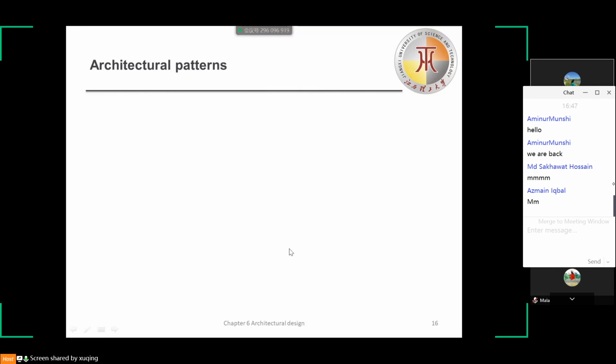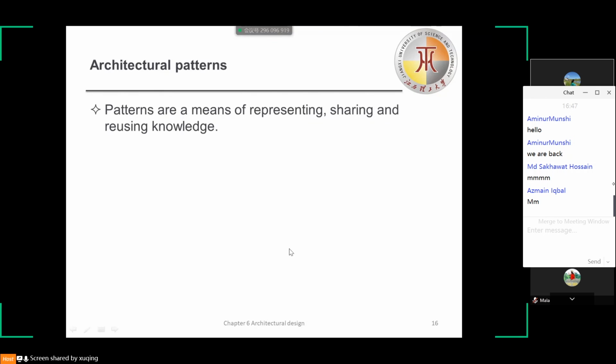Now we'll see architectural patterns. Patterns are a means of representing, sharing, and reusing knowledge. The idea of patterns is a way of representing, sharing, and reusing knowledge about the software system.